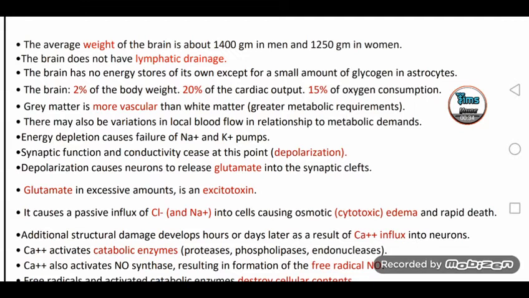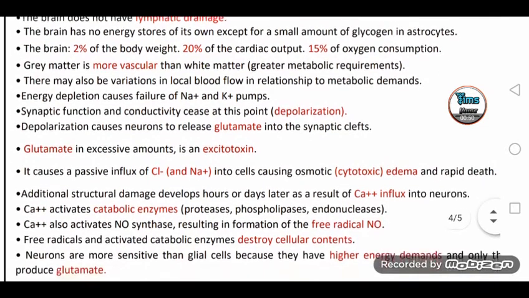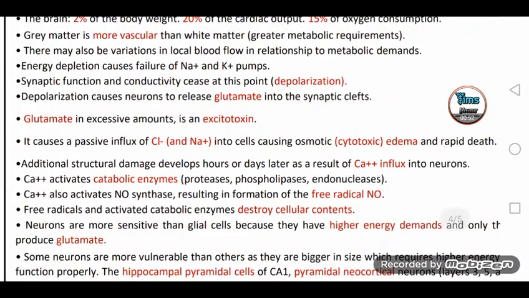Then what will ruin everything now is that depolarization is going to cause the neurons to release the neurotransmitter called glutamate into the synaptic cleft, okay? So what does the glutamate do? The glutamate in excessive amounts, such as in this case, is an excitotoxin, okay?